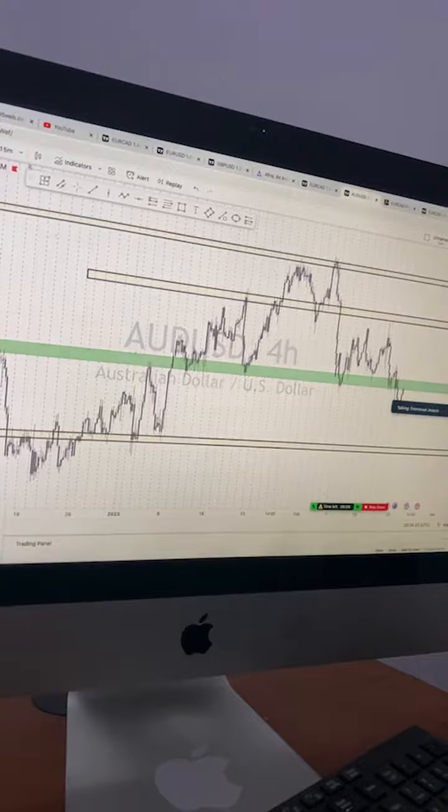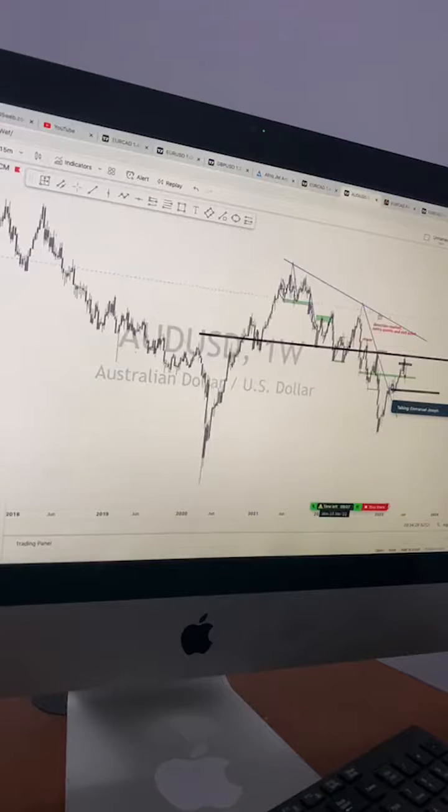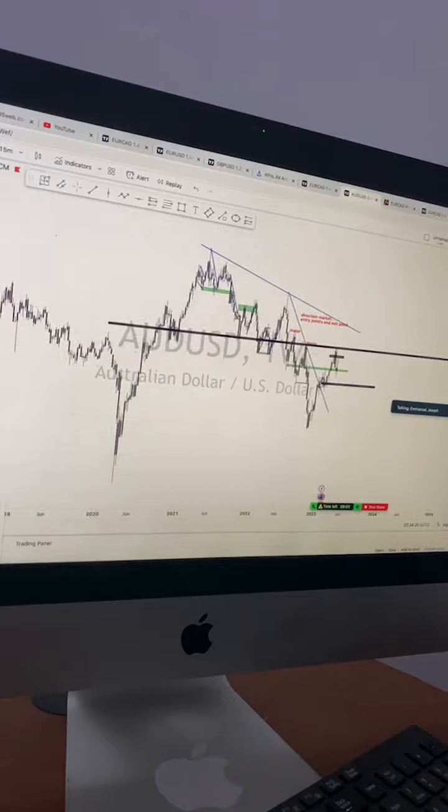So let's draw some trend lines. Okay? I will draw this trend first of all so that I know. I can take this out, I don't need this, this has been invalidated.